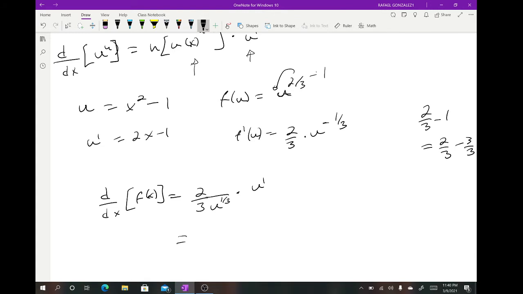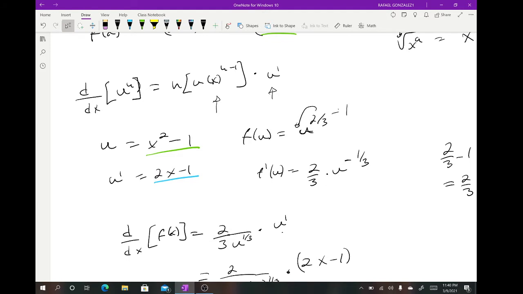Now we just have to put it together. So u is x squared minus 1, u prime is 2x. So this is 2 over 3 times u, which is (x squared minus 1) to the negative 1/3, times u prime, which is 2x. Again, u prime is this, u is this, and we're just substituting.